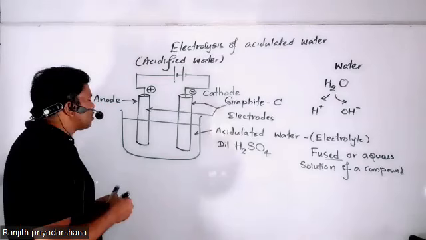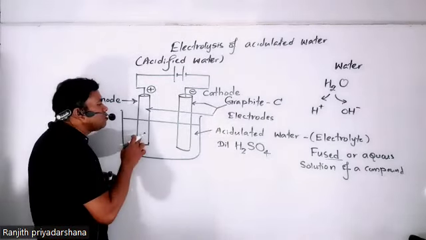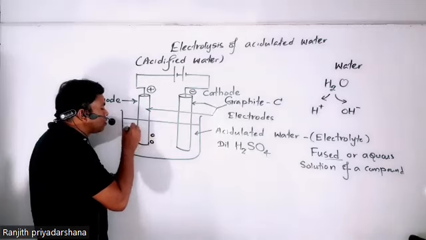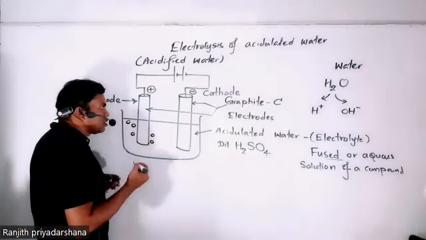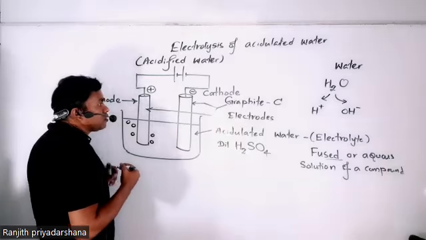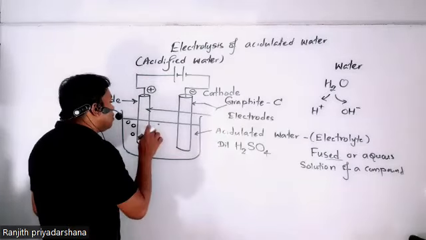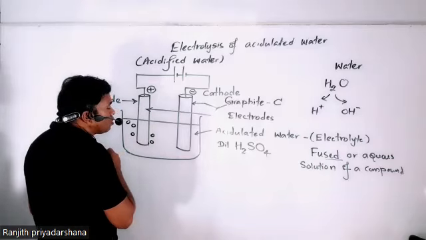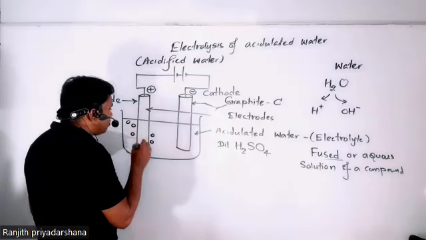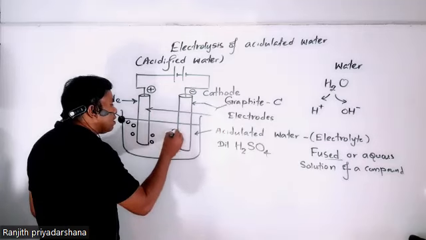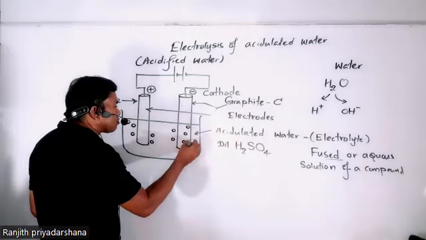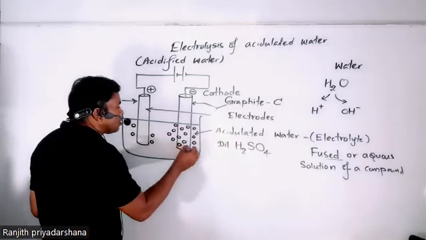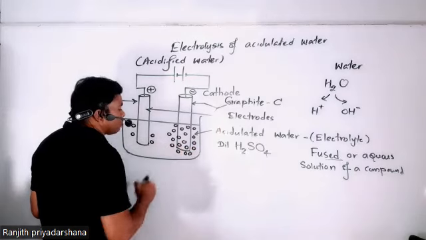When you do this experiment, you can see the evolving of gas bubbles from both electrodes, right? You can observe that the amount of gas evolved from the anode is 2 times less than the amount evolved at the negative terminal, the cathode.